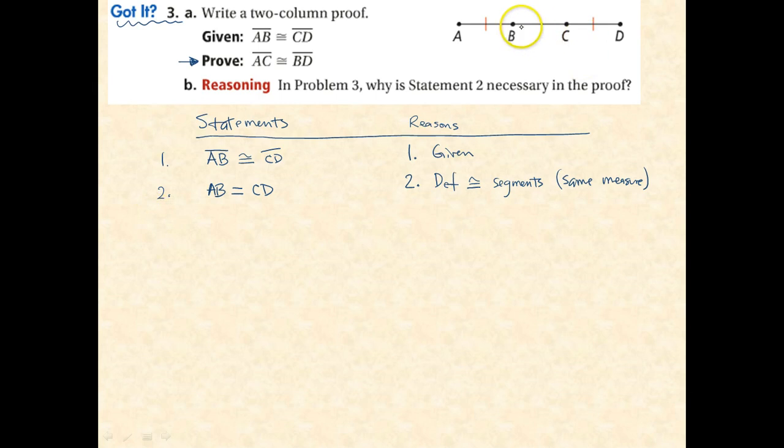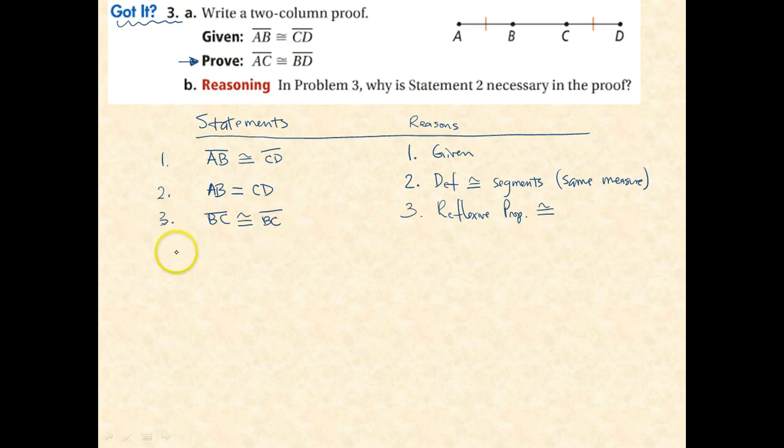Well, this is my missing link, this BC business. What do I know about BC? Well, using the reflexive property of congruence, I can say that segment BC is congruent to itself.